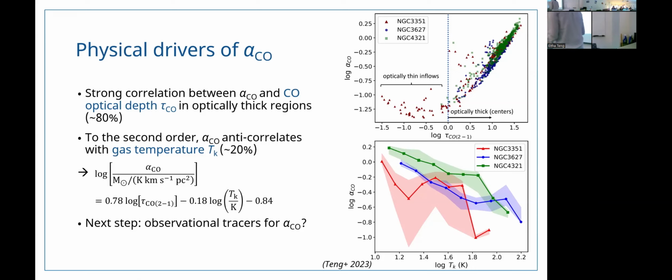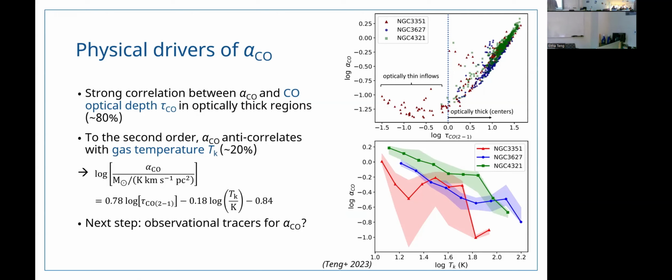First of all, we found a very strong correlation between alpha CO and CO optical depth in this optically thick region. The optically thick region basically covers all the pixels of these galaxy centers, except for the NGC 3351 inflow that I've been mentioning a lot. We find that this strong correlation explains about 80% of the alpha CO variation we observe across all galaxy centers.